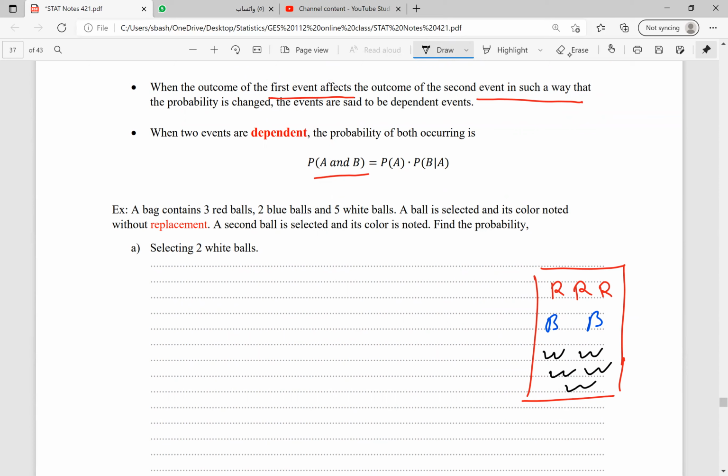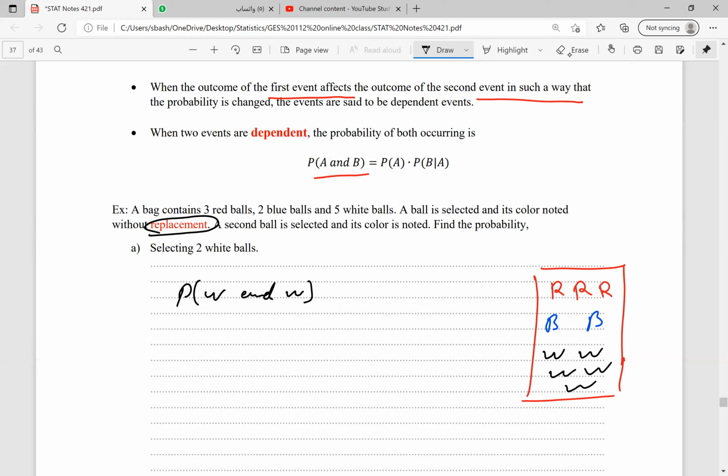Now I need to select 2 white balls, P of W and W. The question says that a ball is selected and its color noted without replacement. Without replacement means that when we choose one ball, we will not return it back to the bag.